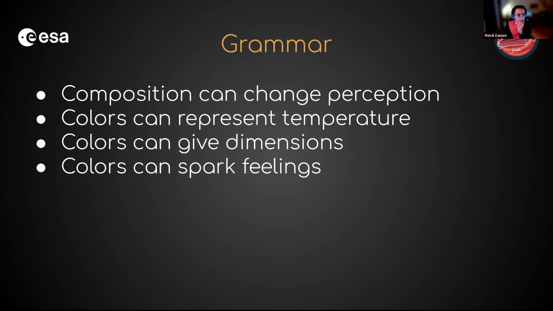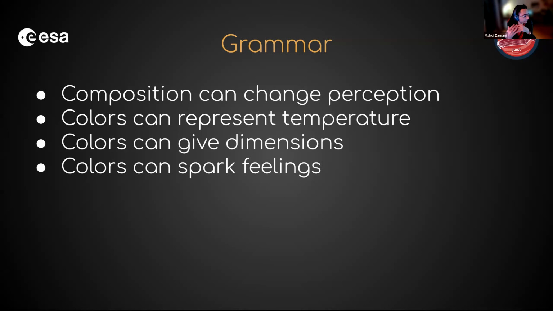other thing is grammar. This is more the art part of the image post-processing. Many people might really ask if post-processing astronomical images is more science or art. My answer is that it can be both. It is kind of both.